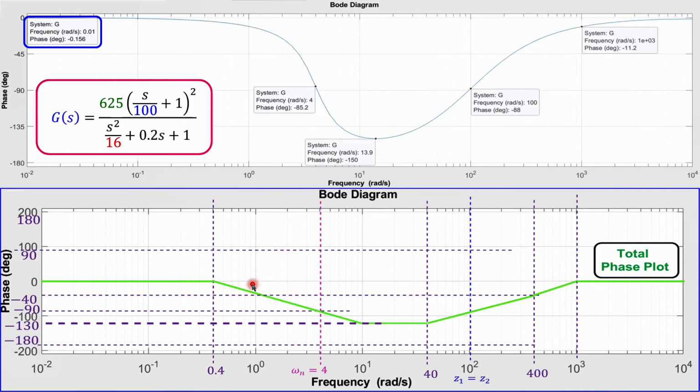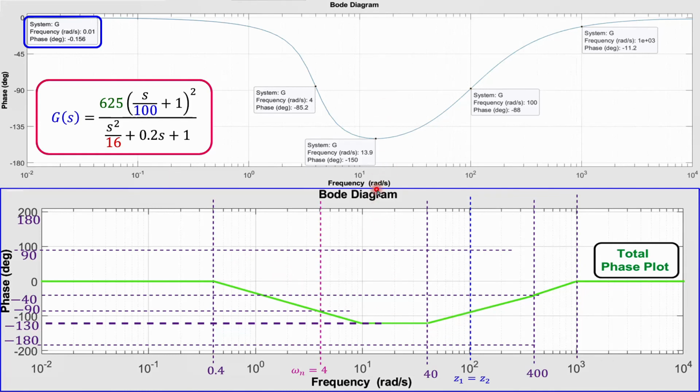You might ask, okay, why? Now let's pinpoint some points at this frequency. Let's say at very low frequencies, this is approximately 0 degrees, and we also have that. So quite okay. We also see this is, let's say, the lowest phase, which is minus 150. We have minus 130, but it has the same shape.